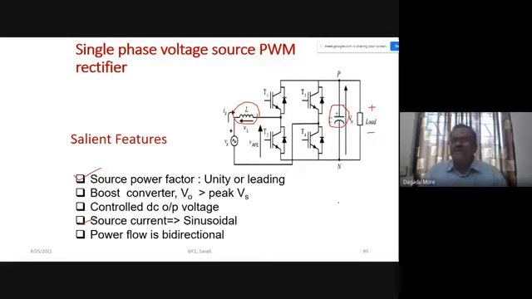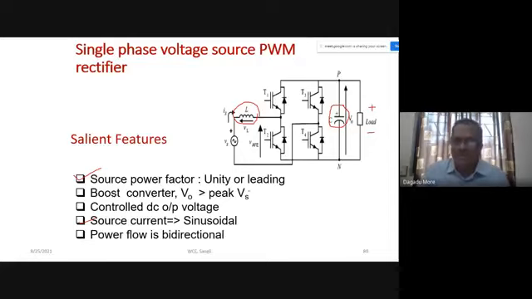The second requirement concerns the output voltage and the source voltage. Here Vs is the AC voltage and Vo is the DC voltage. For satisfactory operation of this PWM rectifier, our DC output voltage should be greater than the peak value of the supply voltage.